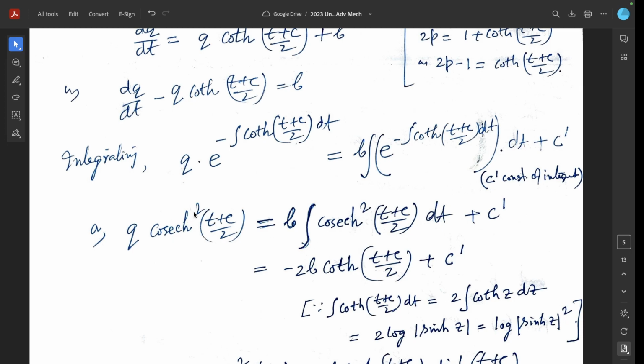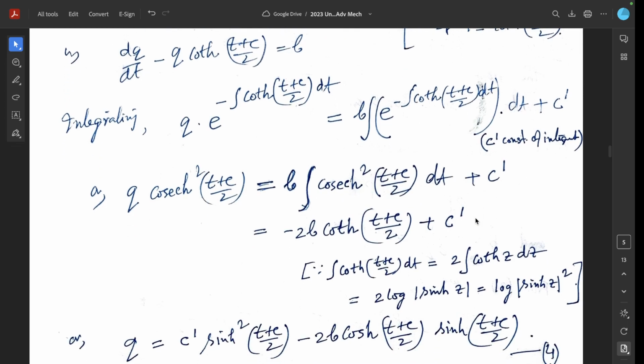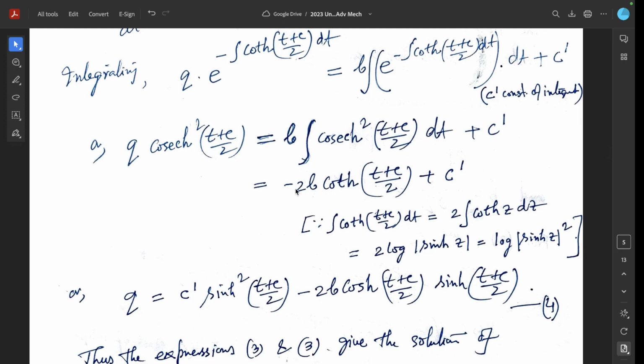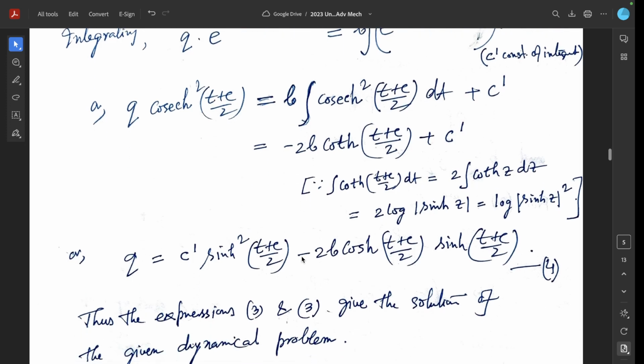So we get cosech square of (t plus c)/2, and this is equal to b integration of cosech square((t plus c)/2) dt plus c dash, the constant of integration, and after integrating we get minus 2b coth((t plus c)/2) plus c dash.